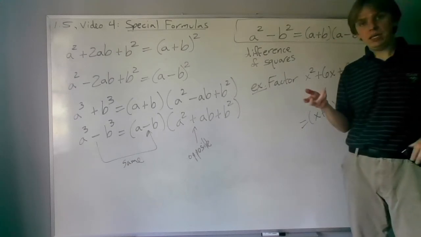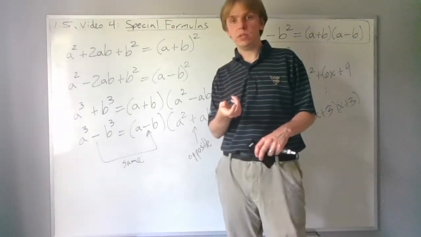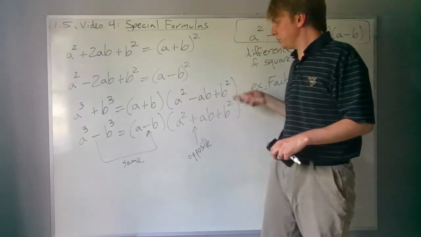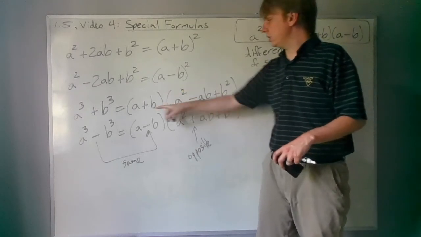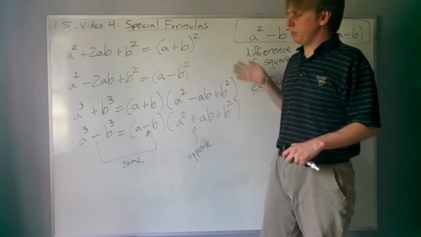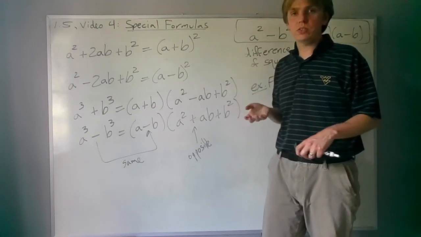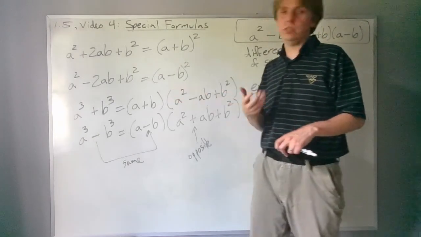They end up being ab and negative ab. They're exactly the same with the opposite signs. They end up canceling. And the cubes end up, the same thing happens. That's why there's some positives, some negatives in the middle steps. They're set up in precisely a certain way so that all the middle terms end up canceling and all that's left is just your a cubed and just your b cubed.